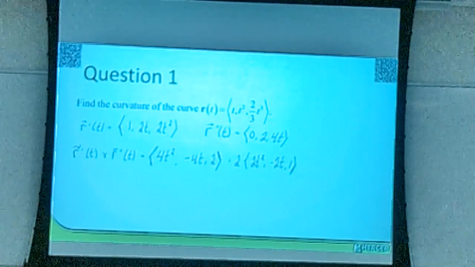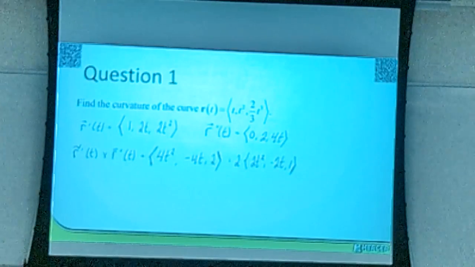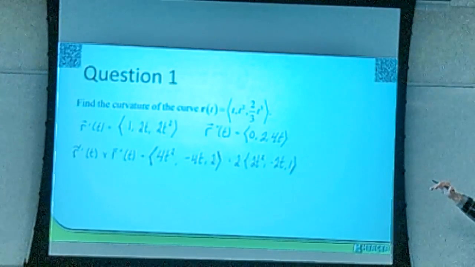I'll back up to 2, which makes finding the magnitude easier. Could have actually factored out a 2 from the double prime, right?